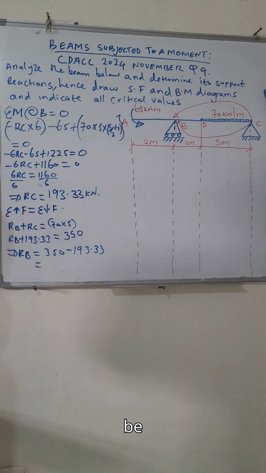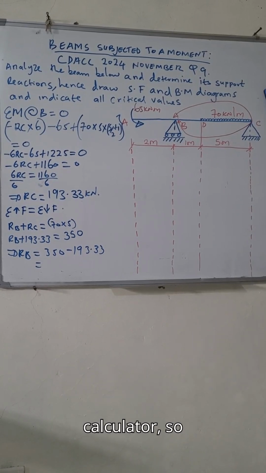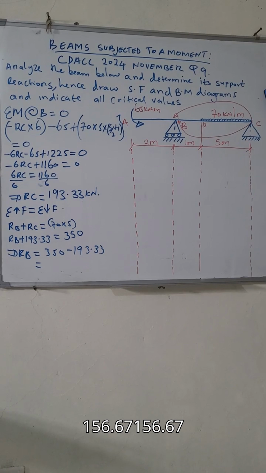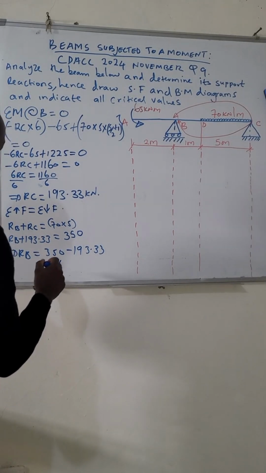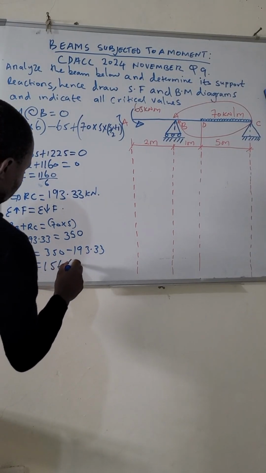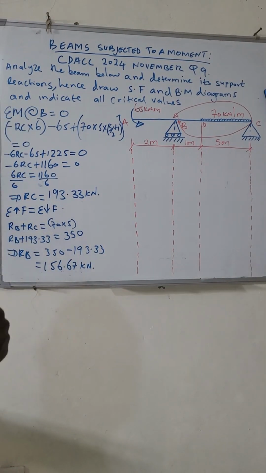So this one will be, punch your calculator. So 156.67 kilonewton.